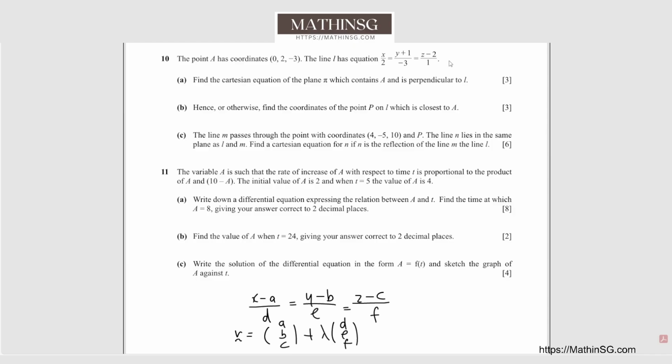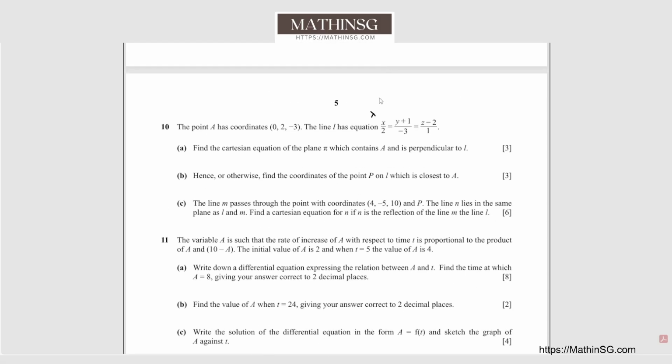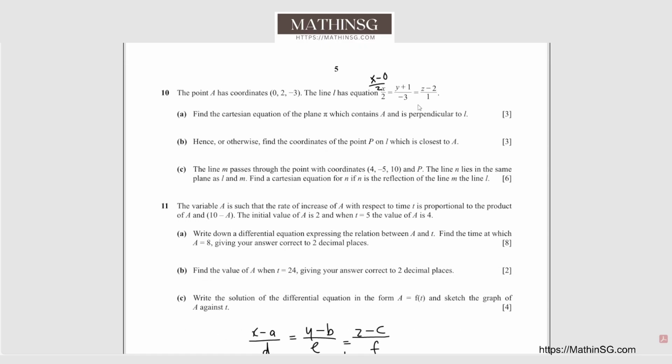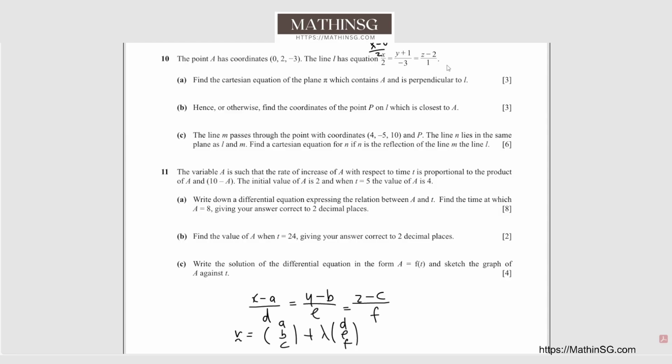So if I take a look at this, this one is x minus 0 over 2, right? So this equation of the line, I can rewrite as r equals (0, minus 1, 2) plus lambda (2, minus 3, 1).